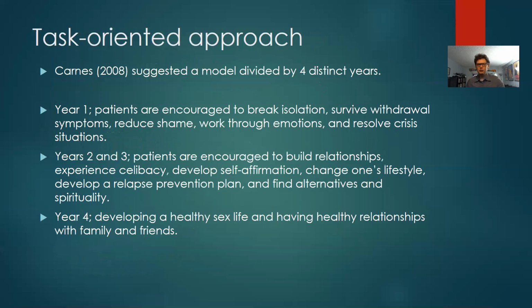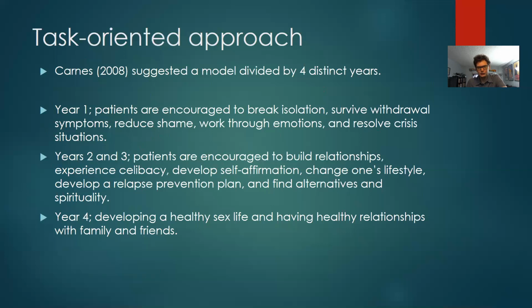Let's look at Carnes' model for a 4 distinct year model. And what Carnes has noted in this, these are the specific tasks that have to occur with patients over this period of time. In year 1, people break their isolation. They break their dependency on sex. They stop the litany of sexual behavior. They survive withdrawal symptoms.